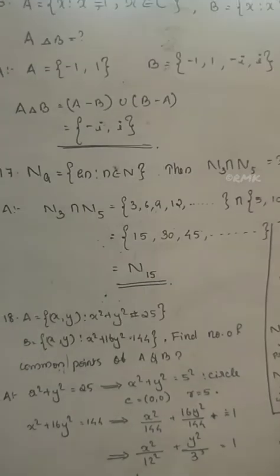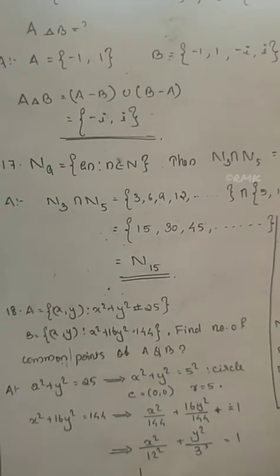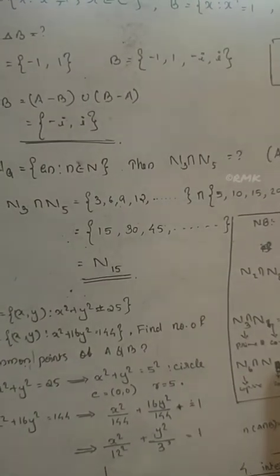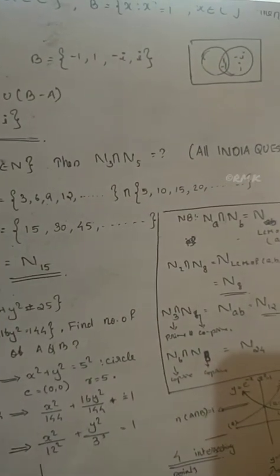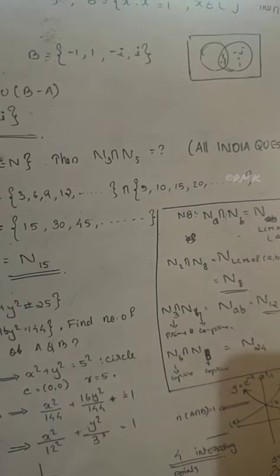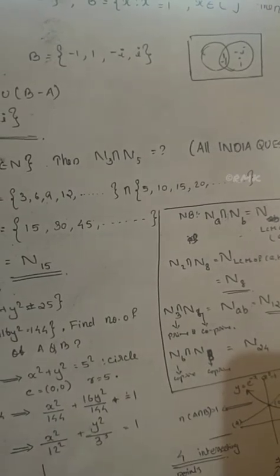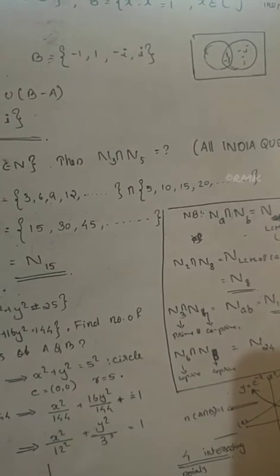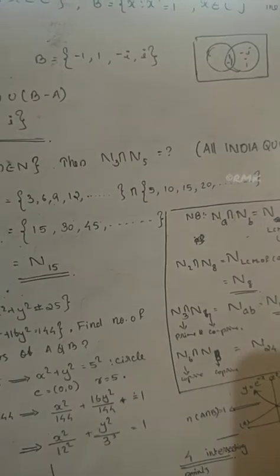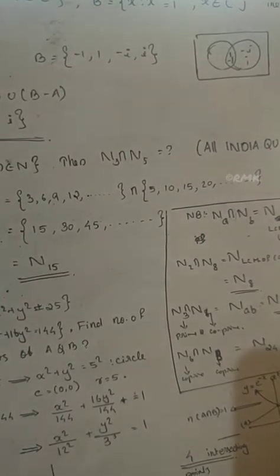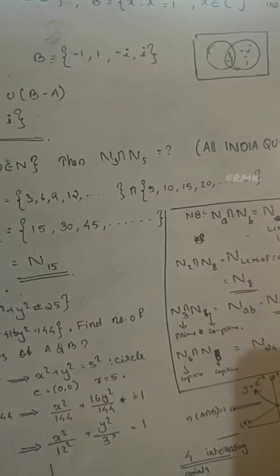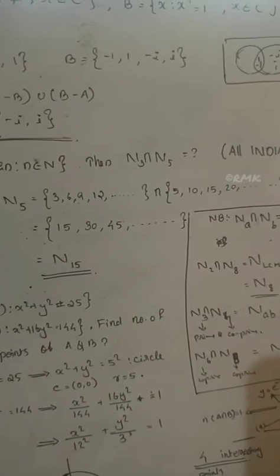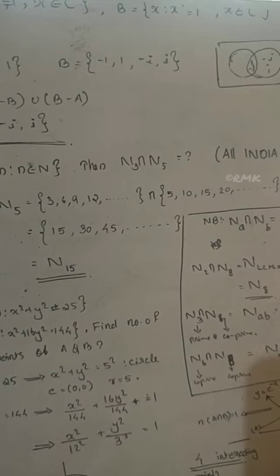We find A delta B. A delta B is A minus B union B minus A. This diagram represents a Venn diagram. The first set is A, the second set is B. In the representation, the first portion is A minus B, the middle portion is A intersection B, and the last portion is B minus A. So A delta B is the first portion union the last portion.